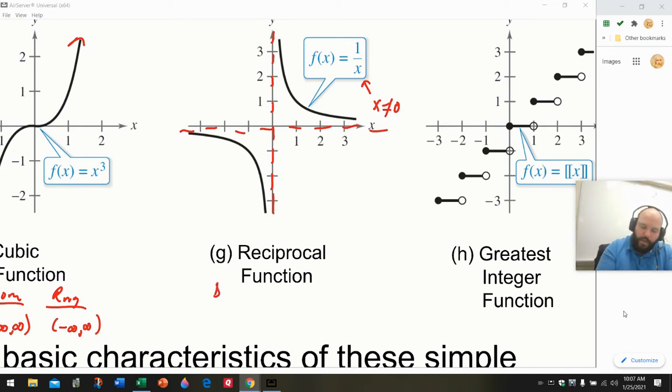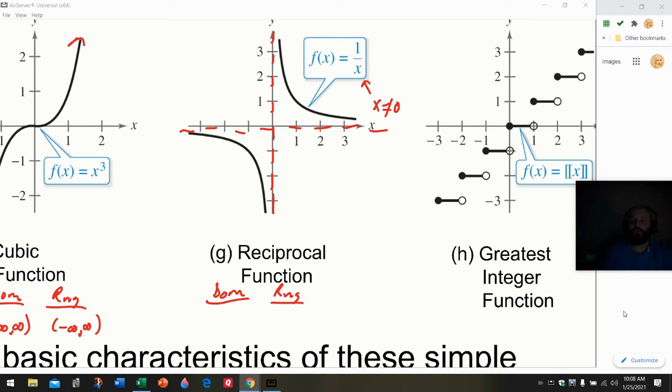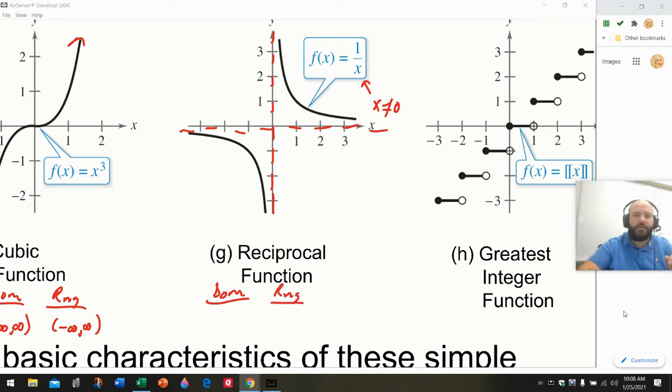So for the domain and the range, we have to exclude 0 from both of those, from the domain and the range. So how do we do that? Well, if you recall, I had shown in class, if this number is 0, we want all the numbers over here and we want all the numbers over here. There are two separate sections on that linear graph that we need to account for when we write the interval notation.